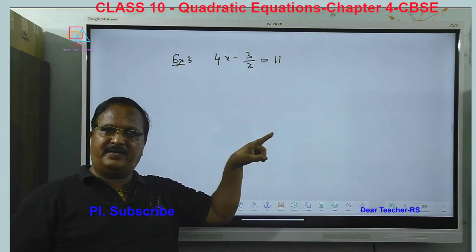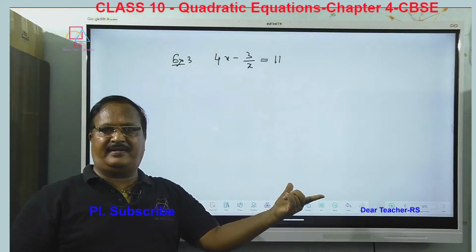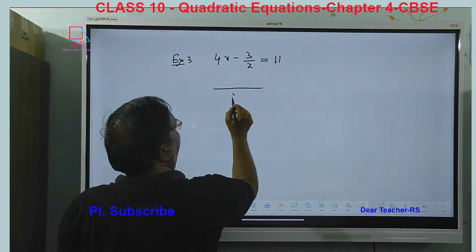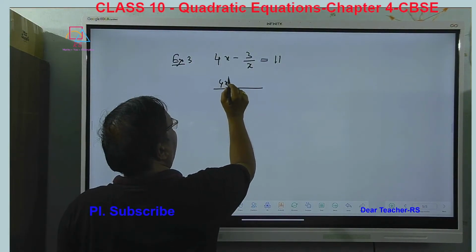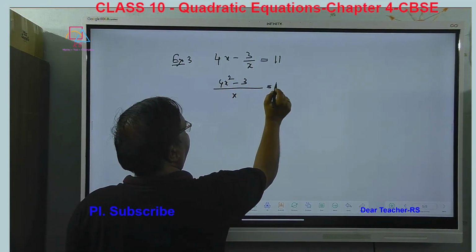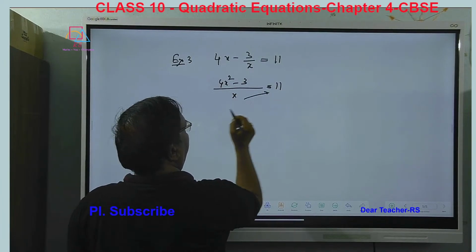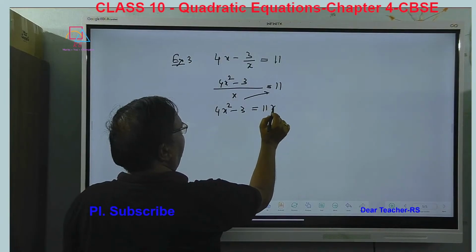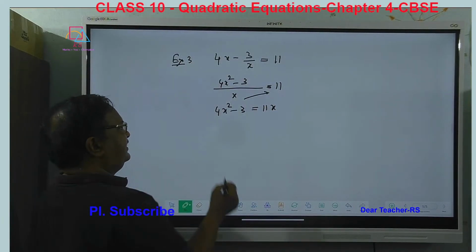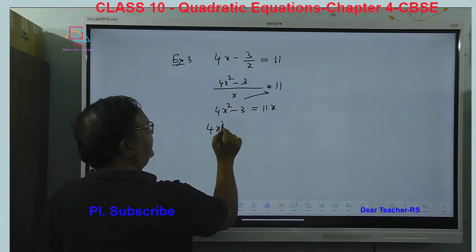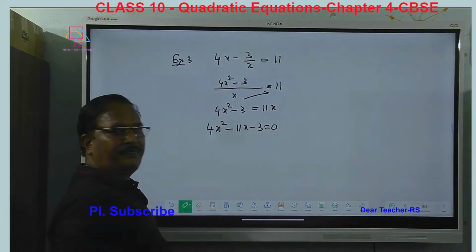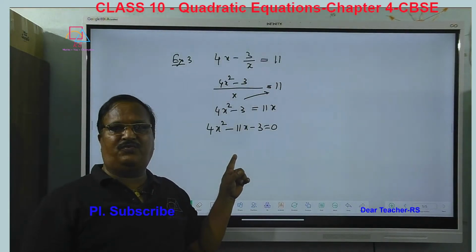You have to bring it to the standard form and then try to factorize it. So, take LCM x, 4x square minus 3 is equal to 11. Cross multiply it. So, 4x square minus 3 is equal to 11x. Bring 11x here. So, 4x square minus 11x minus 3 is equal to 0. Now, it is in the standard form.